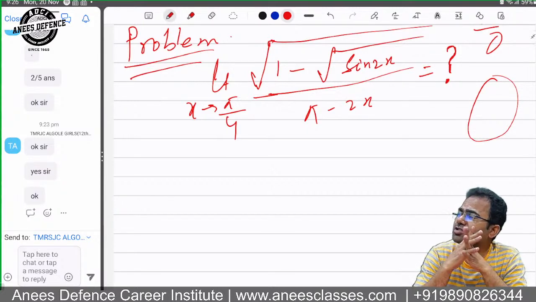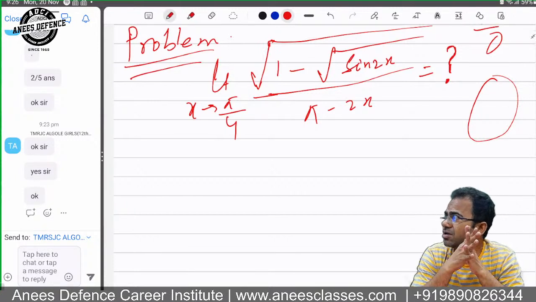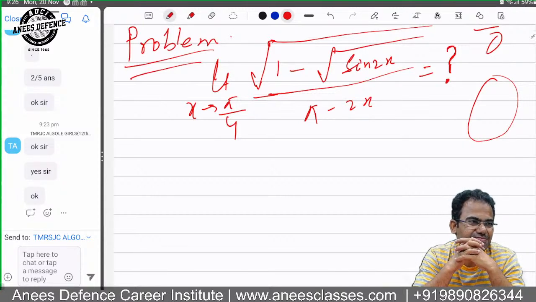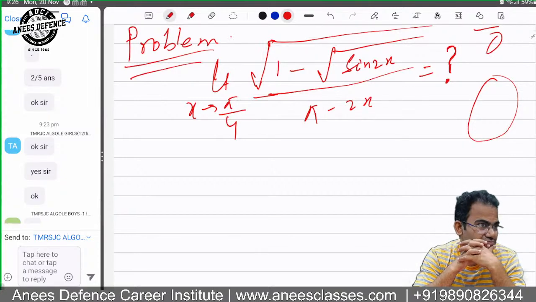If you solve this question, that means you are close to JEE Main and above NDA. That means your level is more than NDA.